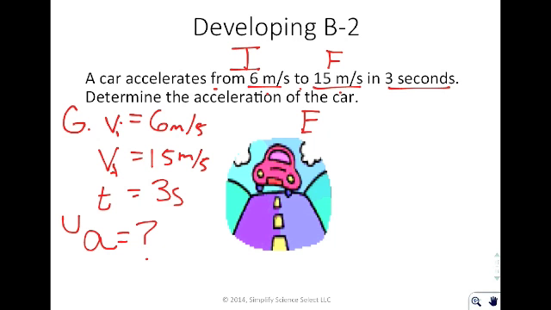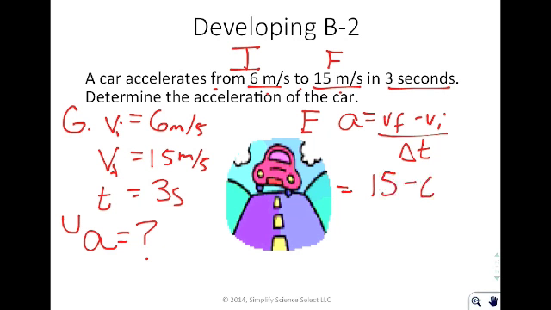The next thing that I do is I write the equation. The equation that I have is a equals vf minus vi over delta t. Now I plug my numbers in. I would get 15 minus 6 divided by 3. Now one of the things that you need to be careful about is how you enter this in your calculator.